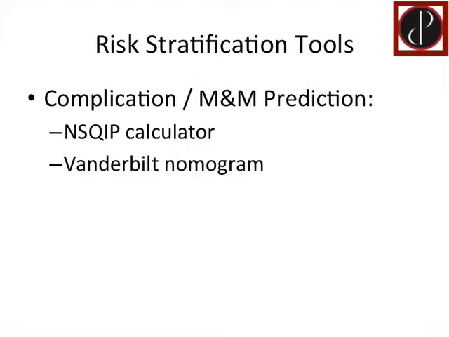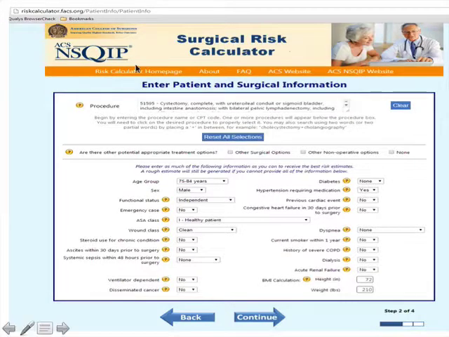So what tools do we use? Two of the more common ones are the NSQIP calculator and Vanderbilt's nomogram. Interestingly, in the NSQIP calculator, you will include age, sex, functional status, ASA score, steroid use, ventilation status, diabetes, COPD, dyspnea, and then body weight and height.